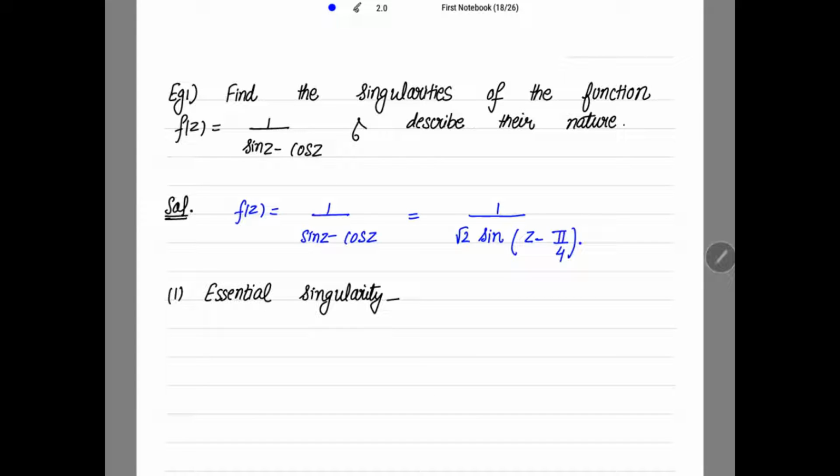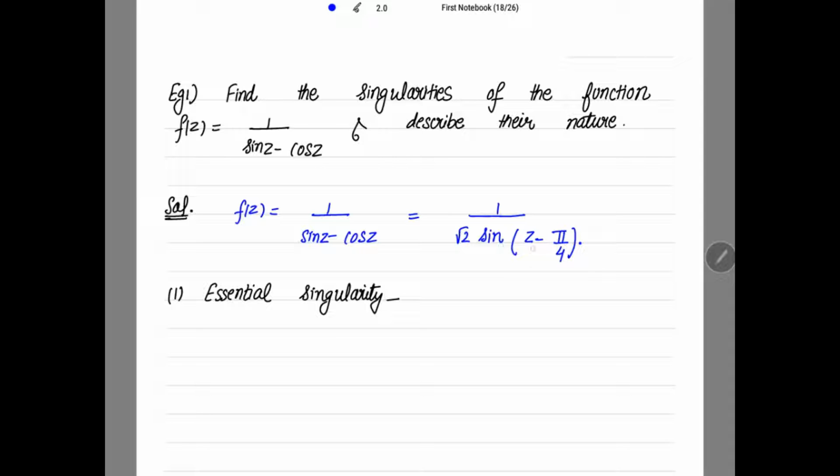So because we have to discuss the nature of the singularities, let's check whether this function is having an essential singularity or not. And for an essential singularity, we know that the limit does not exist, right? So at which point does the limit not exist?